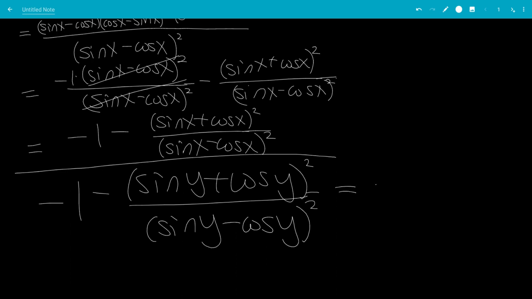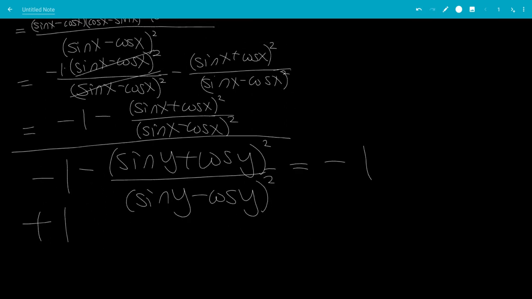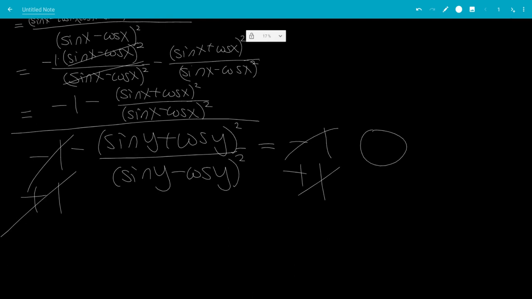We're going to set it equal to -1 because f prime of y is here and -1 is on the other side. So now we're going to add 1 on both sides because we have a -1 on the left hand side. So when we add 1, this will cancel and the right hand side will equal 0. And then the negative can cancel because -1 times 0 is still 0.